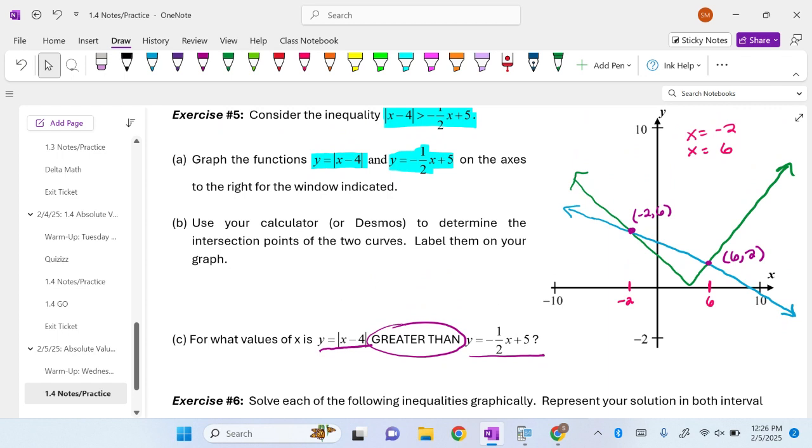So guys, let's think about it. Let's just pick some random x's. Let's say x is 0. So right here it's 0. If I plug this into the first function, y equals the absolute value of 0 minus 4, what's y equal to if I evaluated? What's 0 minus 4?